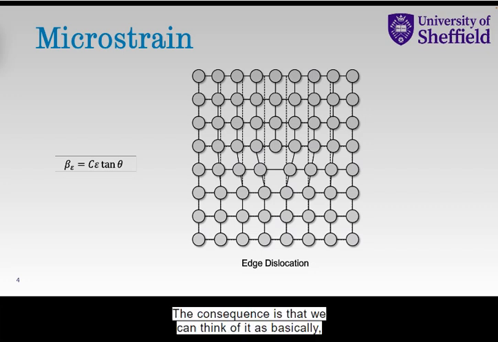The consequence is that we can think of it as basically, rather than just having one peak at a single d-spacing, essentially what we've got is a whole load of overlapping peaks, all of which are at slightly different d-spacings, caused by the fact that we've got a variation in this interplanar spacing here. The consequence when we sum all those together is effectively that our peak appears to broaden out. So we get an increase in breadth of our peak if we have lots of dislocations within the material.